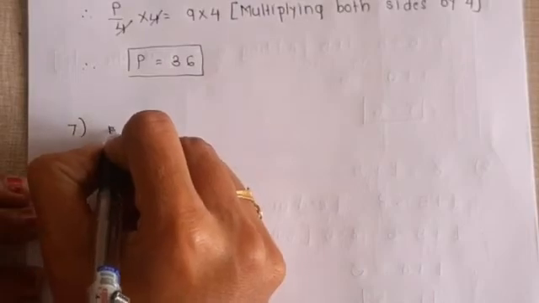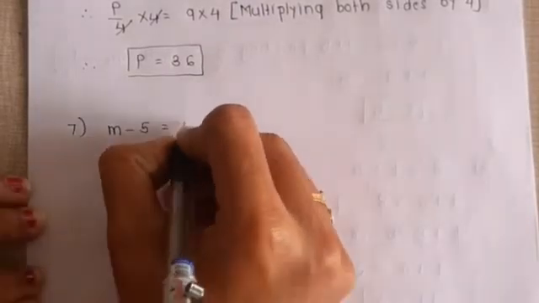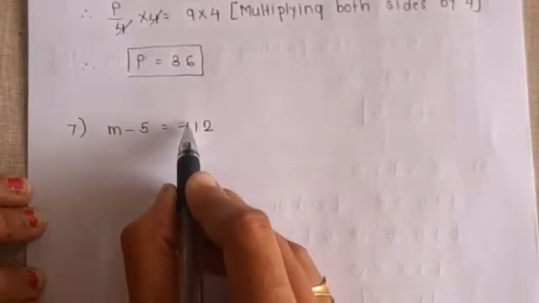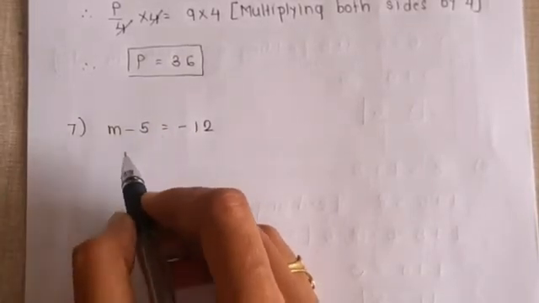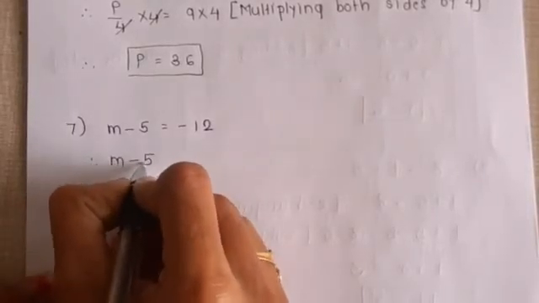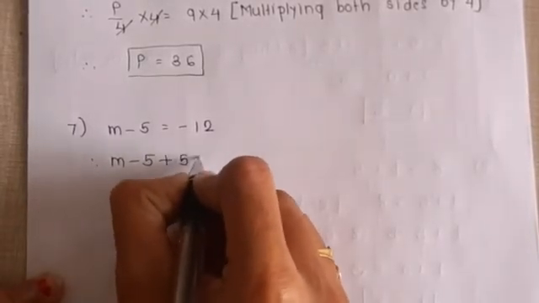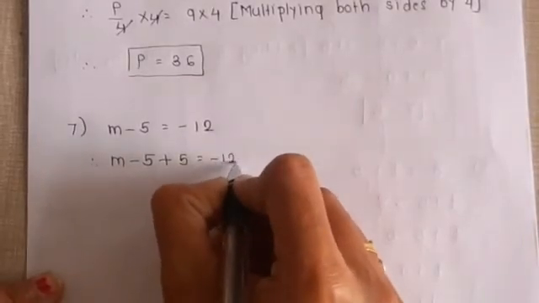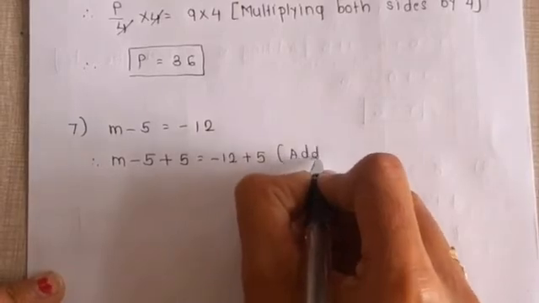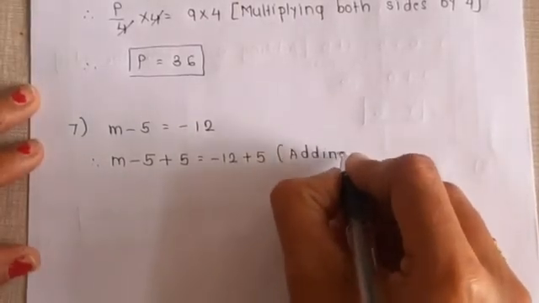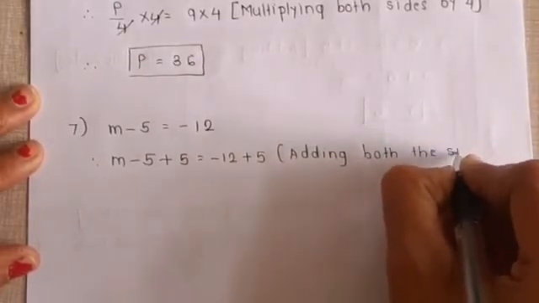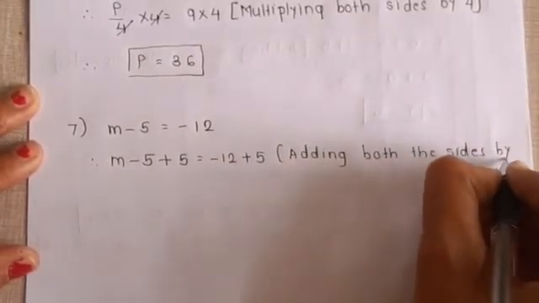Now we will see the seventh one. m minus 5 is equal to minus 12. Now here they have given minus 12 and here minus 5. Therefore, m minus 5 plus 5 is equal to minus 12 plus 5. What we have done? We have added 5 to both the sides.